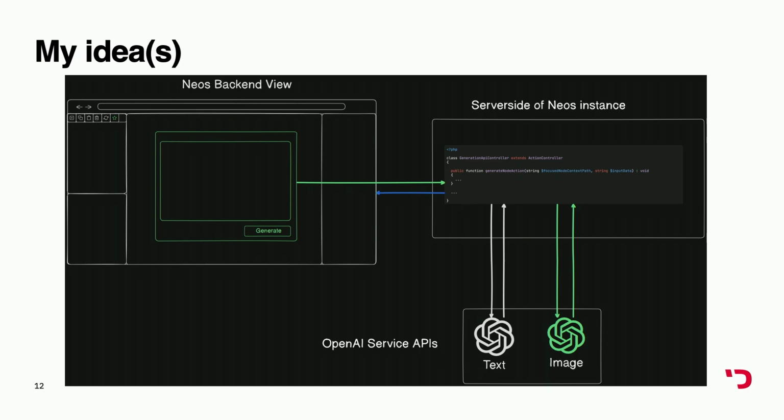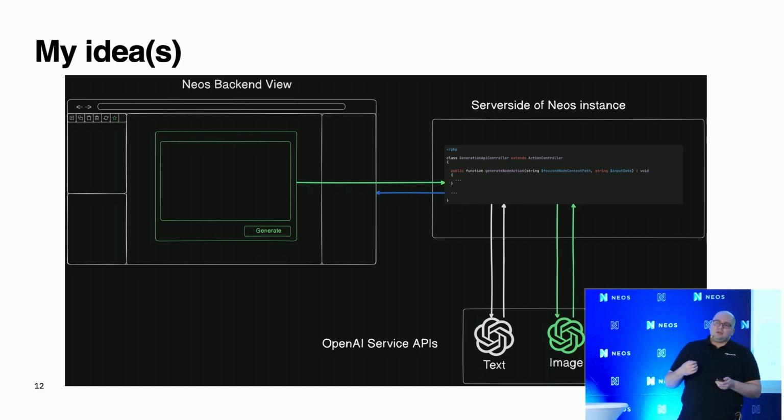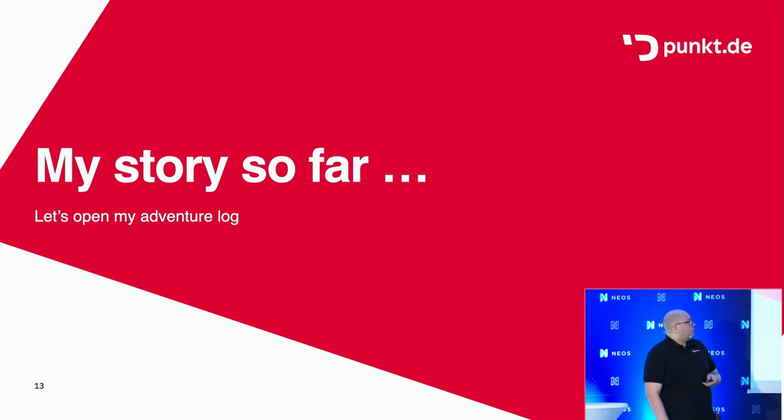And in the back end, I have an action which takes all the information from this dialog and talks with the OpenAI endpoints, for example, with the text generation endpoint, if it's usable for me, and with the image generation endpoint, if this is also an option for me to generate possibly my idea of an article. So with this idea, I started to work. So let's take a look at my story so far.